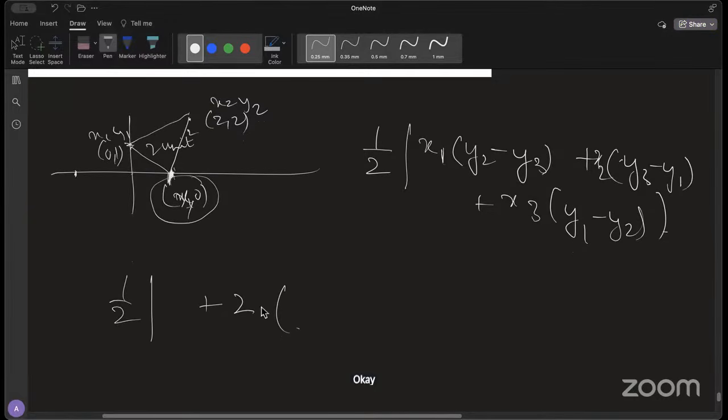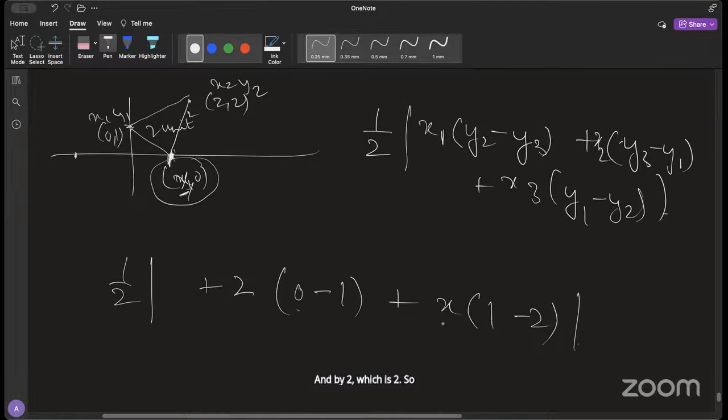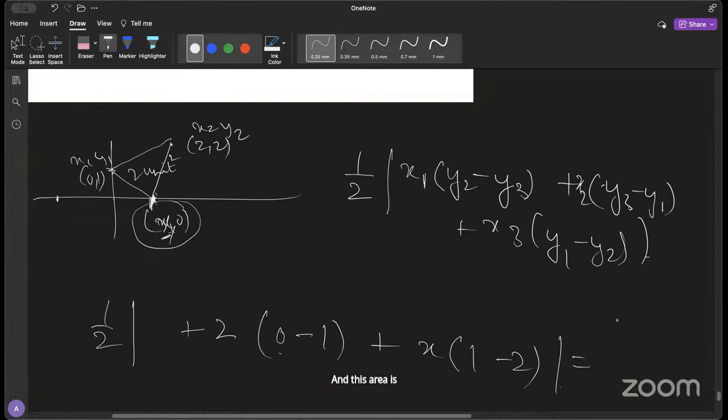So x2 is 2, then y3 is this, 0, minus y1, which is 1, and then we'll have x3, which is just x, times y1, which is 1, minus y2, which is 2. So this will be it. And this area is given to be 2, right?